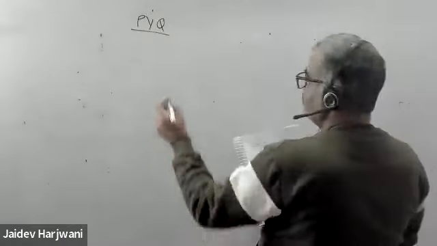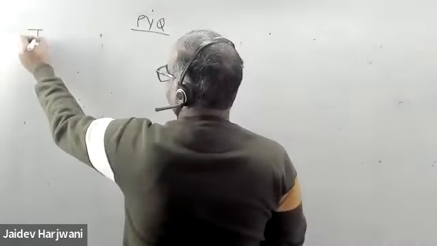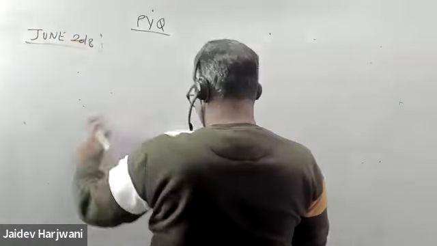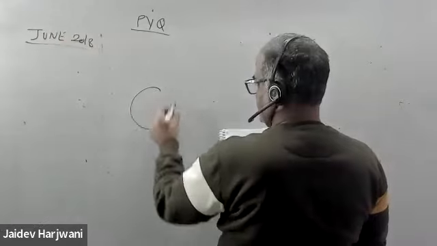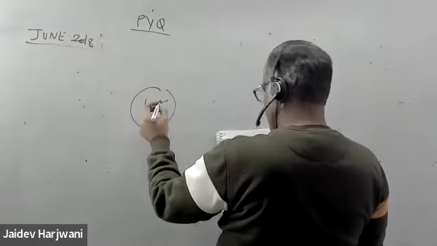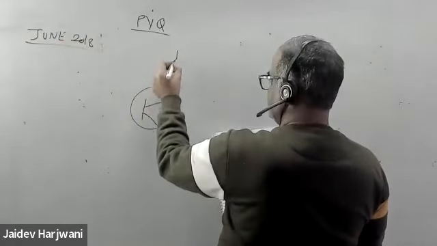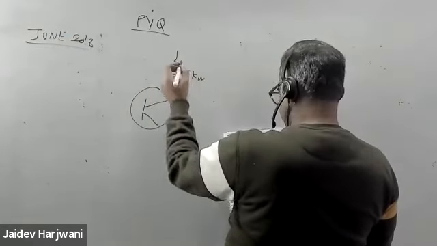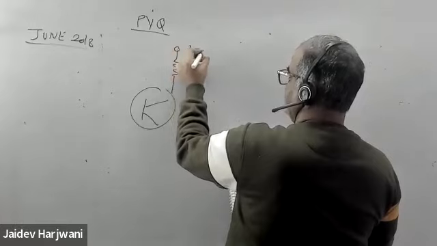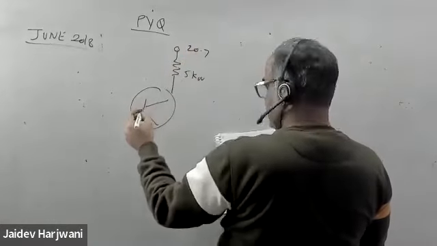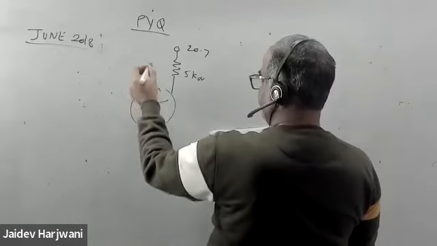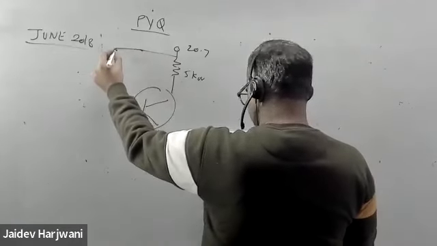This is June 2018. This is 5 kilo, and this one is 20.7 volt. Here they have given a resistance.